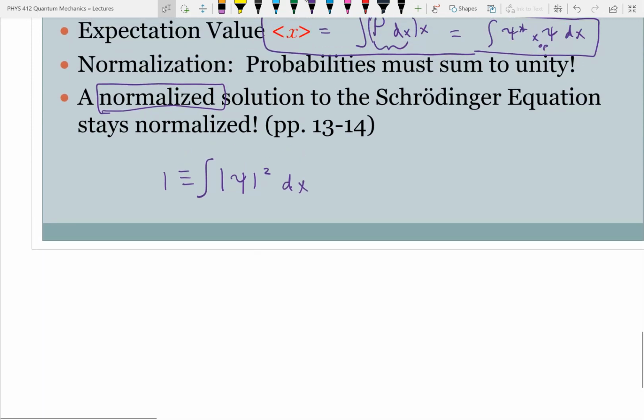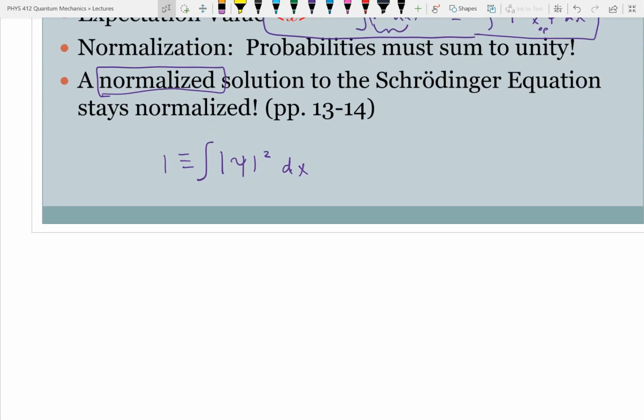Now, the proof that the solution to the Schrödinger equation remains normalized over time, that it doesn't start normalized and then over time vary away from normalization, is not going to be done in 3 minutes. The proof is shown in the textbook, so I'm going to do the hand-waving explanation for the proof to make sure that it's clear. So if you look at page 13, we start with saying, okay, what we want to do is check how the probability changes over time with psi.